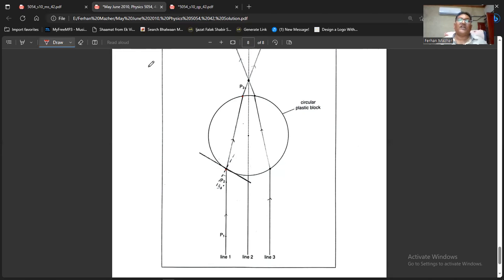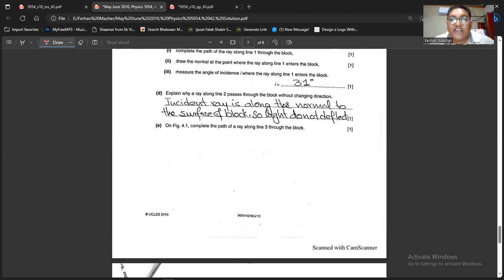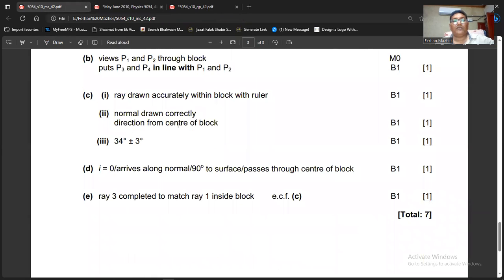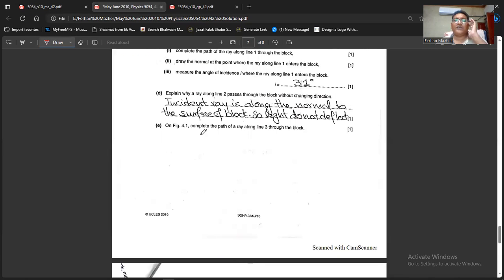The incident ray is along the normal to the surface of the block, so the light does not deflect. It will pass through the center of the block.